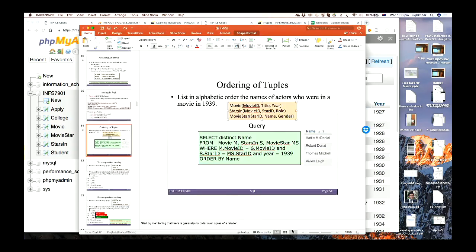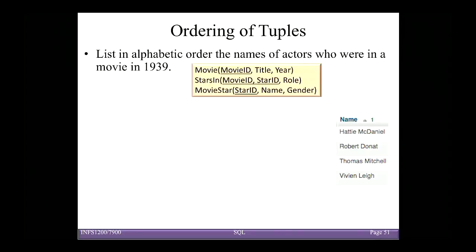Actually, why don't you write this first? You want to write, in alphabetic order, the names of actors who were in movie 1939.